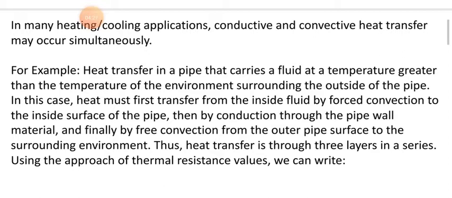And finally, free convection from the outer pipe surface to the surrounding environment. Thus heat transfer is through three layers in series, and using the approach of thermal resistance we can write.